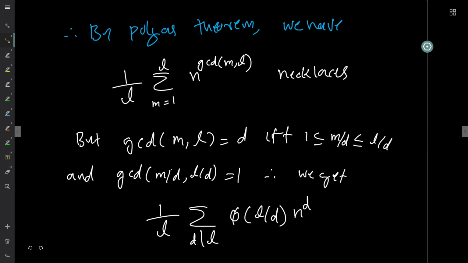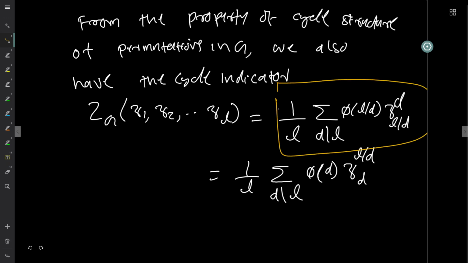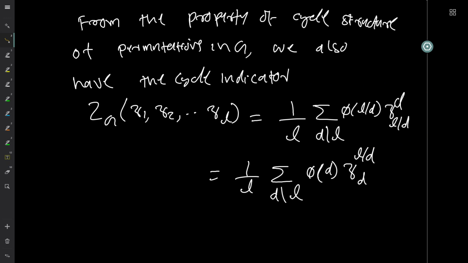Now, as a further observation, from the property of the cycle structure of the permutations in G, we have the cycle indicator Z_G of Z1, Z2, etc., Zl, which is written as 1 over L, summation over D dividing L, phi of L by D, times Z_{L by D} whole raised to D. This again directly follows from the property of the cycle structure, because all the other terms disappear. So we get exactly this.